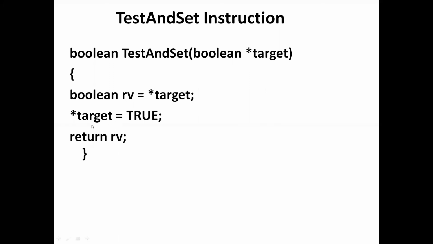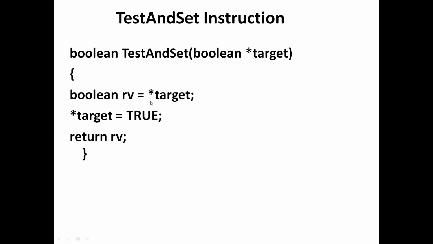Now we are setting target equal to true. Here by using formal arguments we are modifying the actual arguments. Initially the target was holding false, now we are setting the target with true, and then return RV.